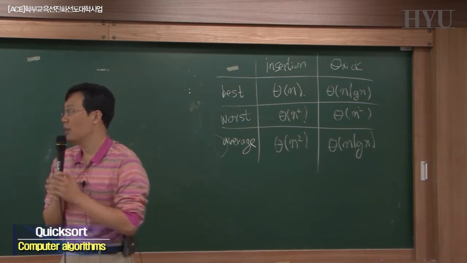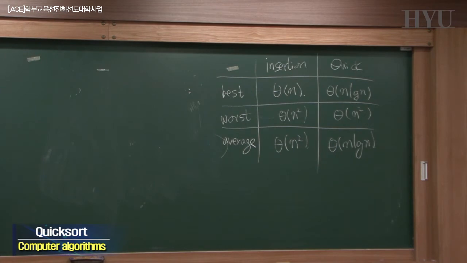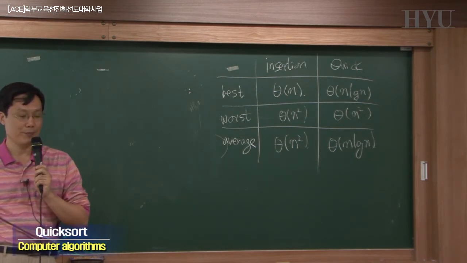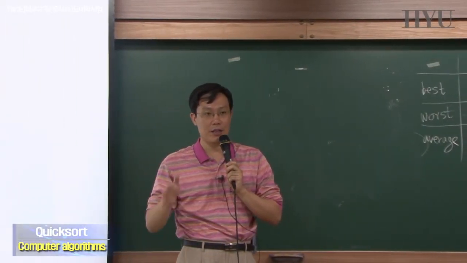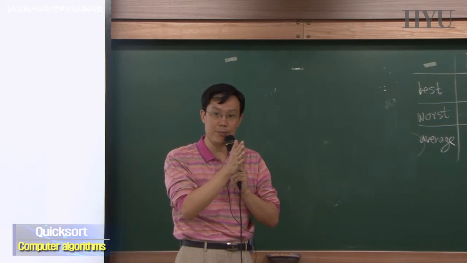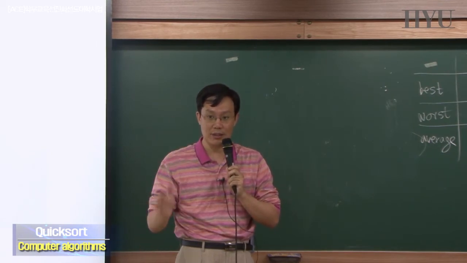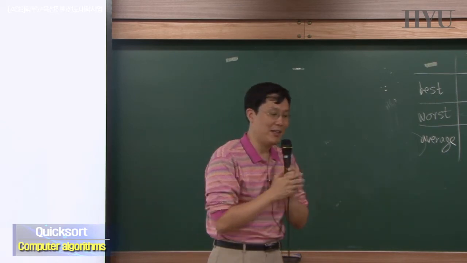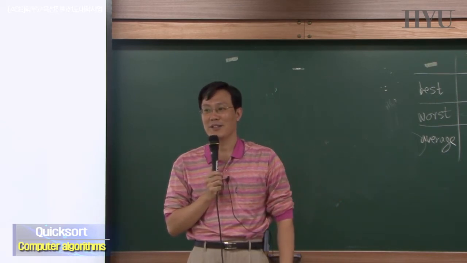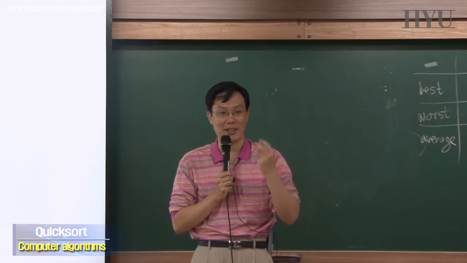A simple solution is the randomized partitioning. Instead of taking the pivot in a fixed place, we select the pivot in any element, and it is randomly selected.